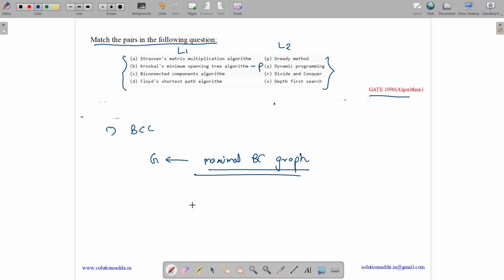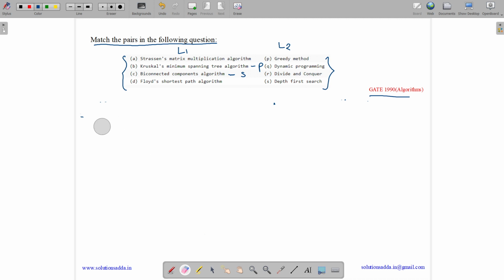And what is a biconnected graph? A graph is called biconnected if among all the vertices there exist two vertex disjoint paths, meaning no vertex should be common in those paths. And biconnected components can be easily found by the DFS algorithm, as we just need to make a scan and make sure that no vertices are repeating, and in that case we will get a biconnected component and a biconnected graph.